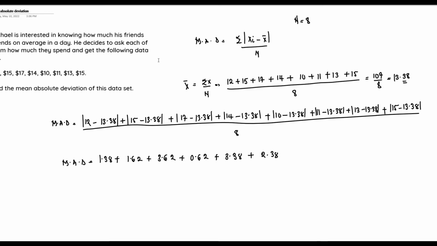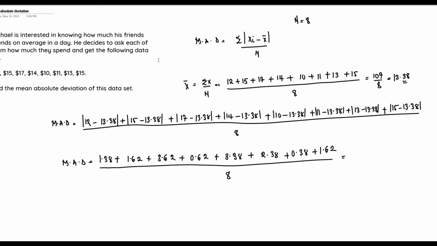13 minus 13.38, that is minus 0.38, which still turns out to be 0.38. So we have plus 0.38, and then we have 15 minus 13.38, and that is plus 1.62. Everything right here divided by 8. So let's sum everything we have in the numerator.